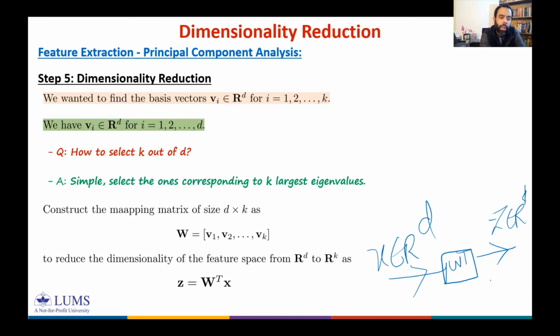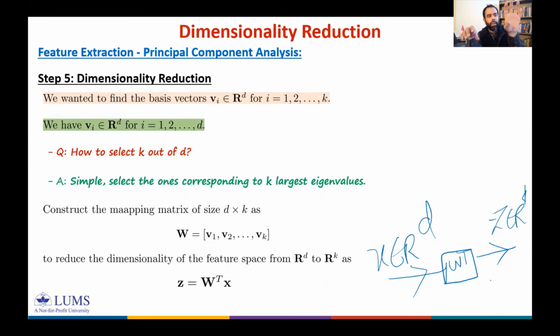let's talk about the reconstruction error, or the error between the representation of a signal, the representation of data in D-dimensional space, that is a higher dimensional space, and a K-dimensional space, which is a lower dimensional space. So here we have X, here we have Z. I want to compare these two, right?